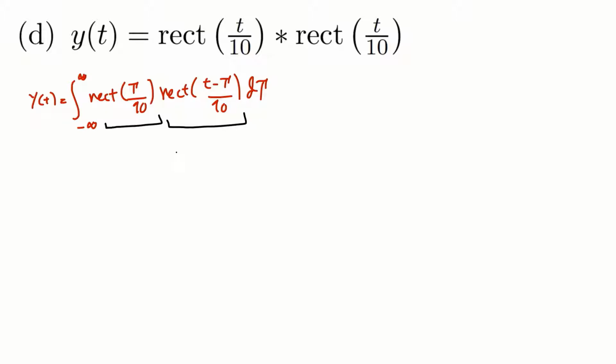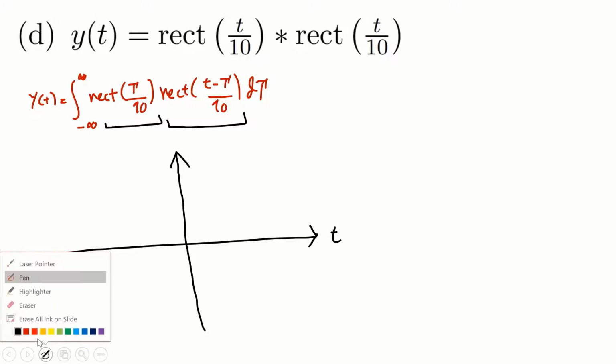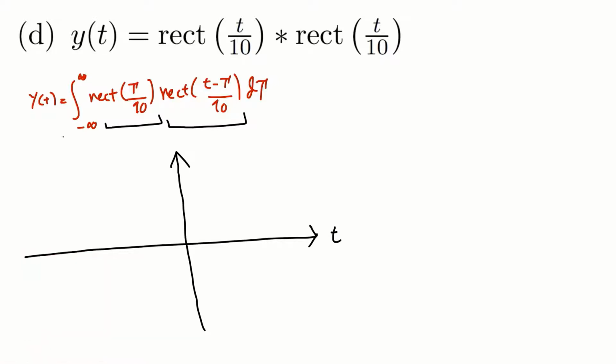I plot the signals here. Okay, this is t, and let's first plot this one, rect of tau over 10. Well, we gave the expression for that. We know rect of tau over 10 equals 1 if tau is between -5 and 5.